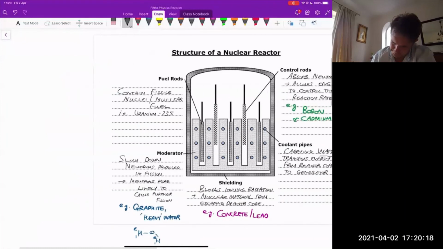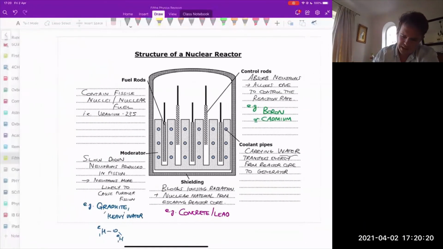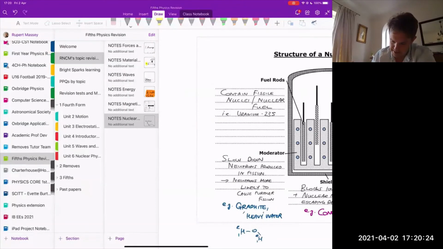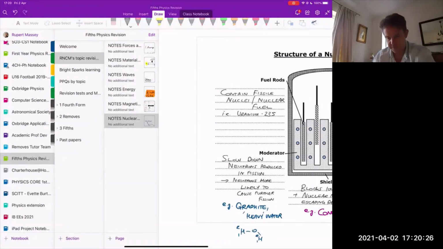Okay, so that's fission and fusion. I would highly recommend that you watch the video that I sent you a link to, because what you can do then is rewind it, watch it back, and watch it at your own pace and write notes as you go.